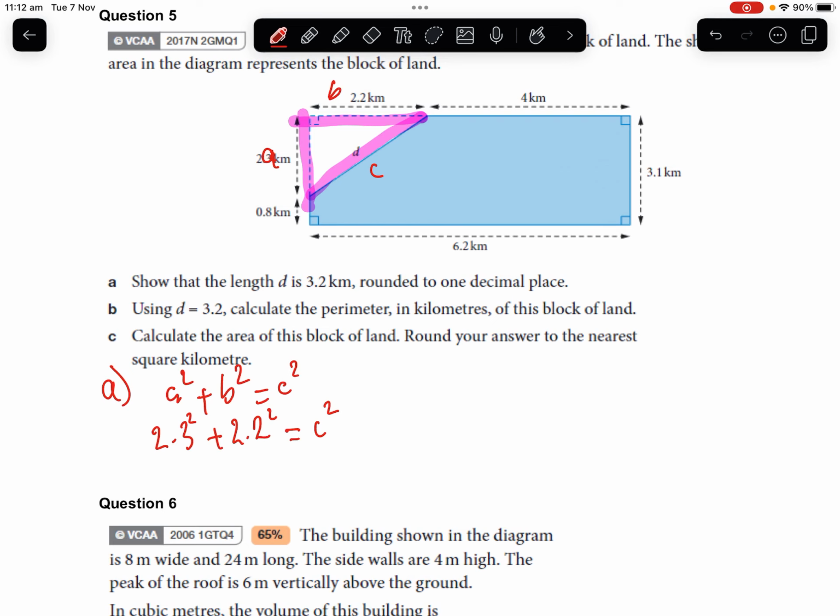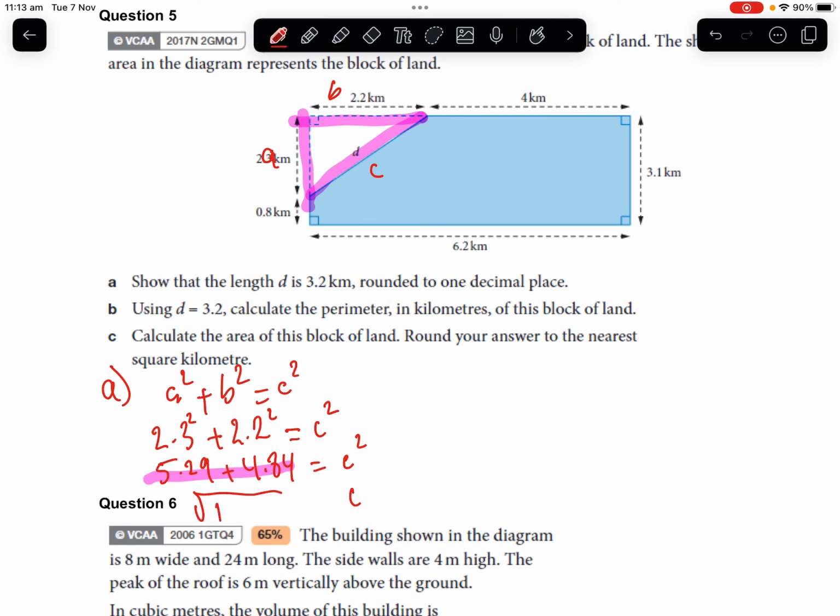2.3 squared is 5.29. 2.2 squared is 4.84. That's equal to C squared. Now, to find C, we're going to add 5.29 and 4.84 together, and we're going to square root it.